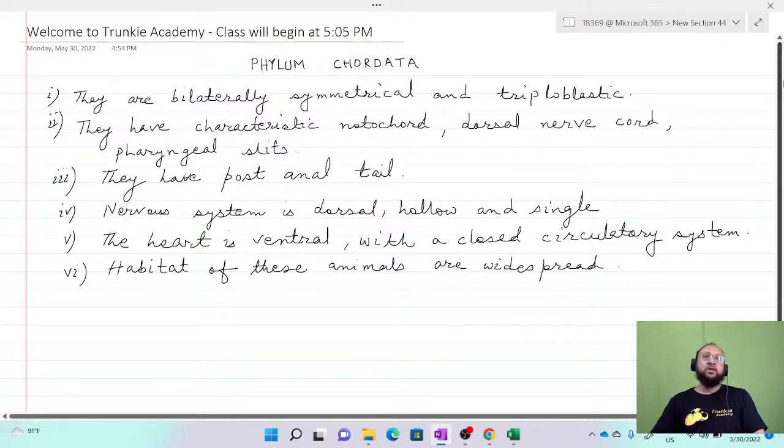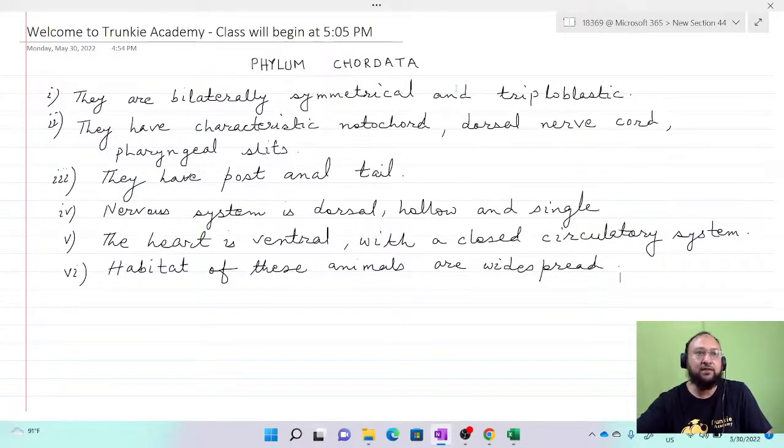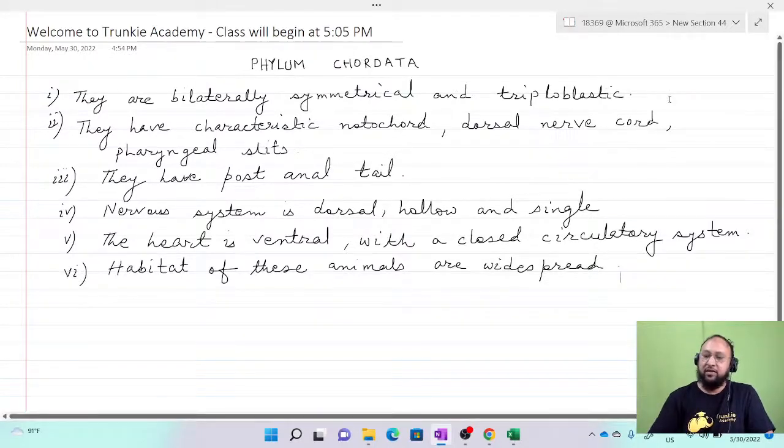So here we find that there are some divisions in phylum Chordata also. In phylum Chordata, there are two subphyla: subphylum Vertebrata and subphylum Protochordata. First we'll start with the subphylum Protochordata.